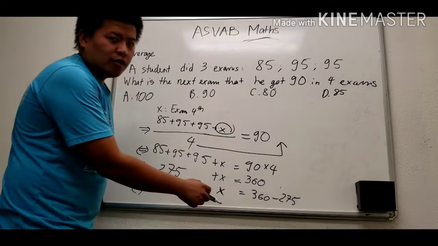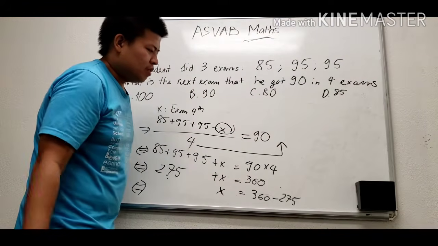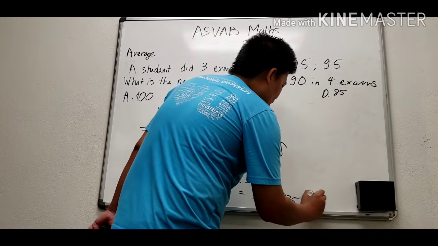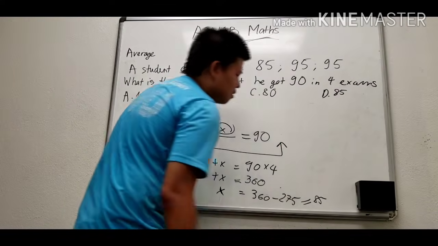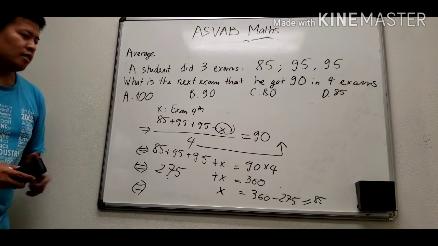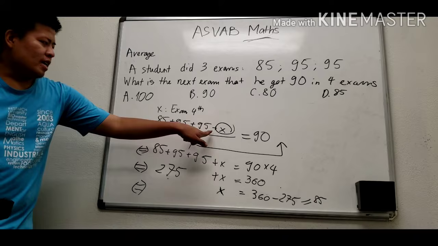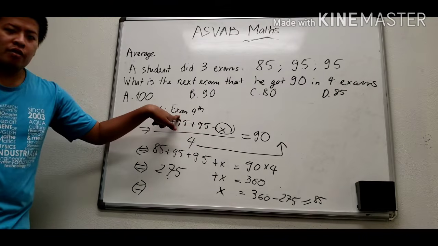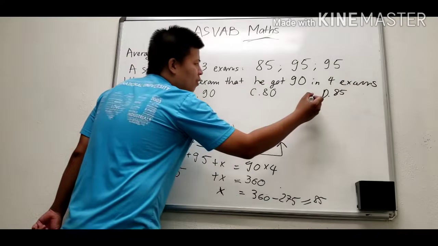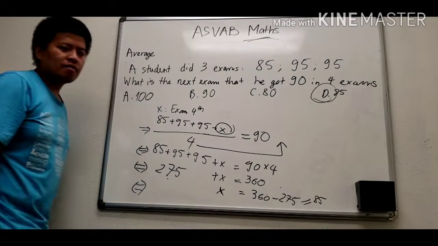After we get 360 minus 275, we get about 85. So that's the way we can learn step by step to find the S in exam number 4. So the answer in here is 85. So that's why we got B.